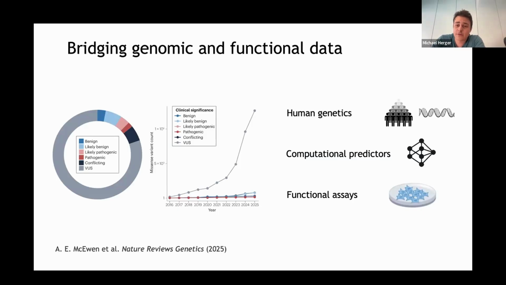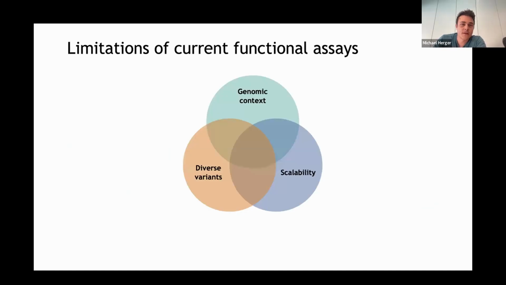In our lab, we're predominantly focused on functional assays, in particular on multiplexed assays of variant effects, or MAVEs. MAVEs are high-throughput methods to interrogate the functional effects of thousands of variants in a single experiment. Phenotyping is usually based on measuring variant abundance changes in the assay using next-generation sequencing.